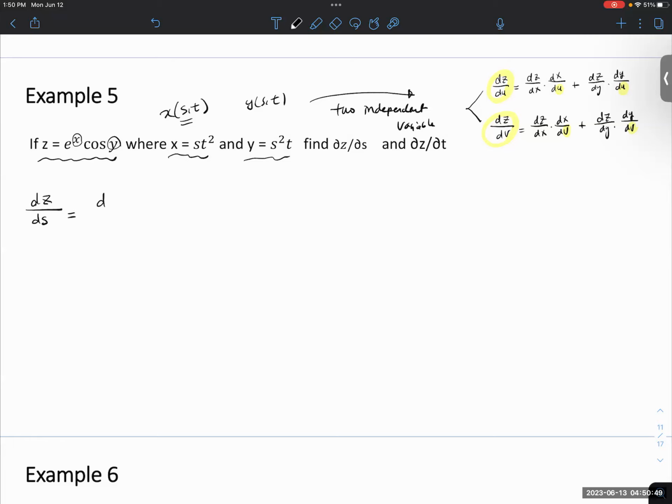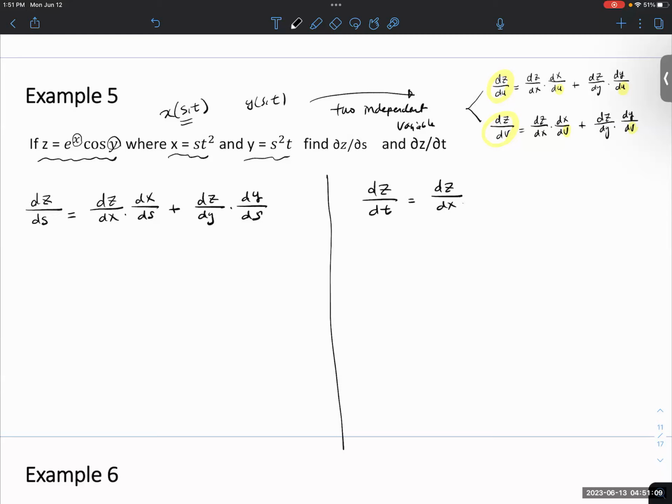For ds, what happened? dz over dx times dx over ds, and then dz over dy times dy over ds. This is the s family. And then you have dz over dt. So dz over dx, dx over dt, and then dz over dy, dy over dt. Are you following? So this is s, this is t. So we have s and t variables.